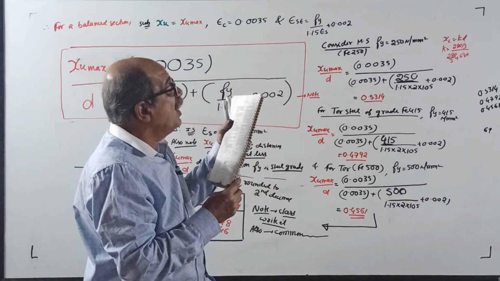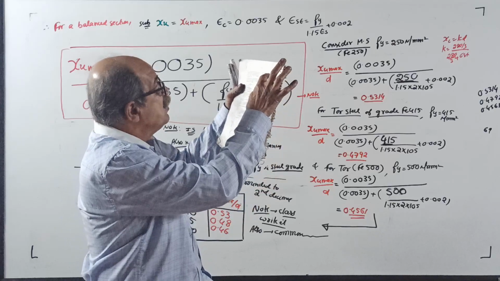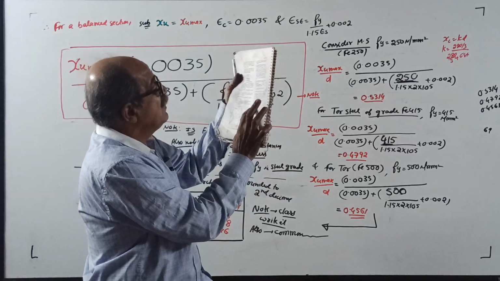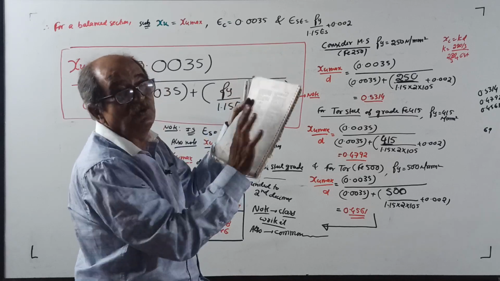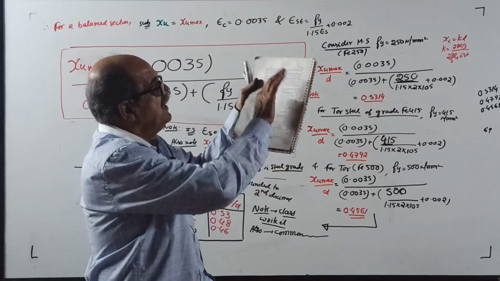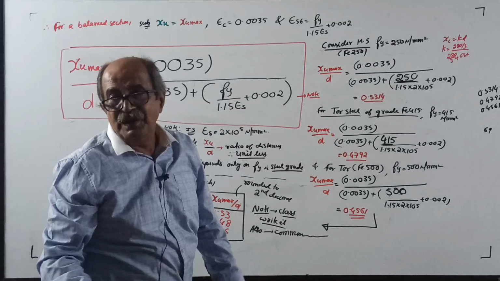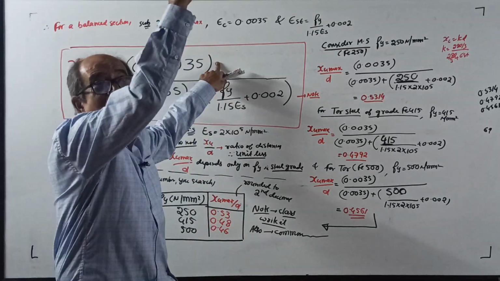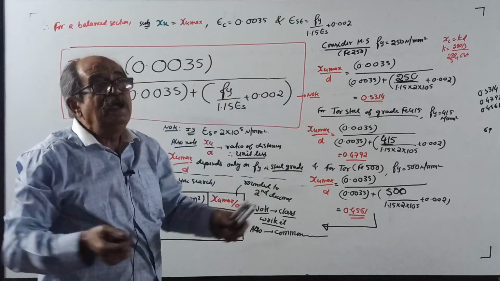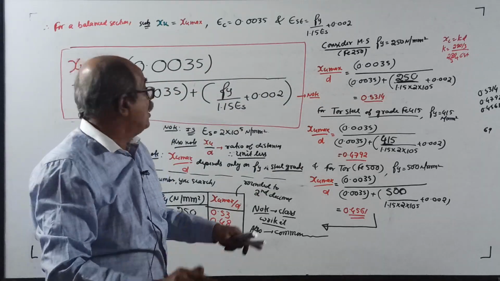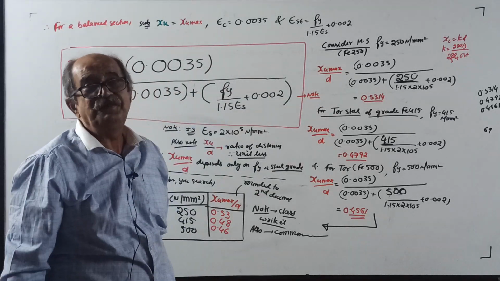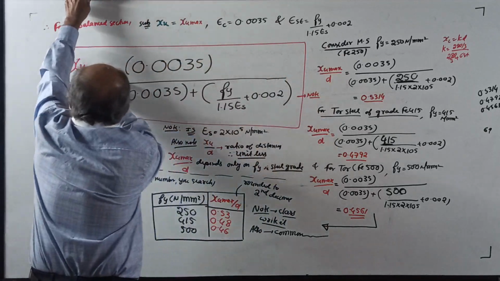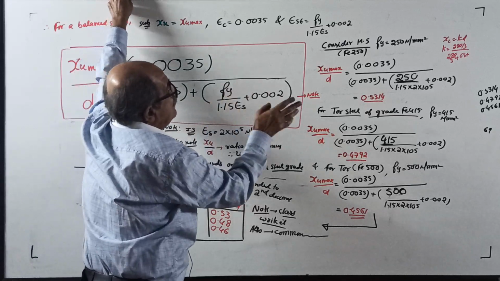The top number is 0.0035. Come down, at the bottom you can see an expression: Fy by 1.15 ES plus 0.002. Therefore, page 69, right side, you can remember easily: XU max by D equal to the top number divided by the top number plus the bottom expression. Sufficient.